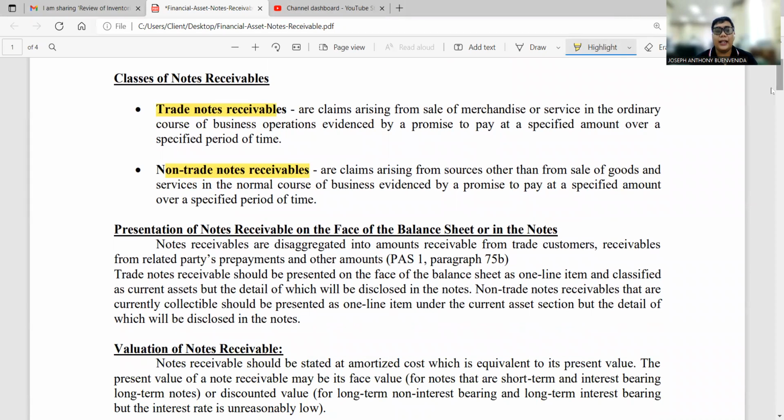So how do we present the notes receivable on the face of the balance sheet, or the statement of financial position?